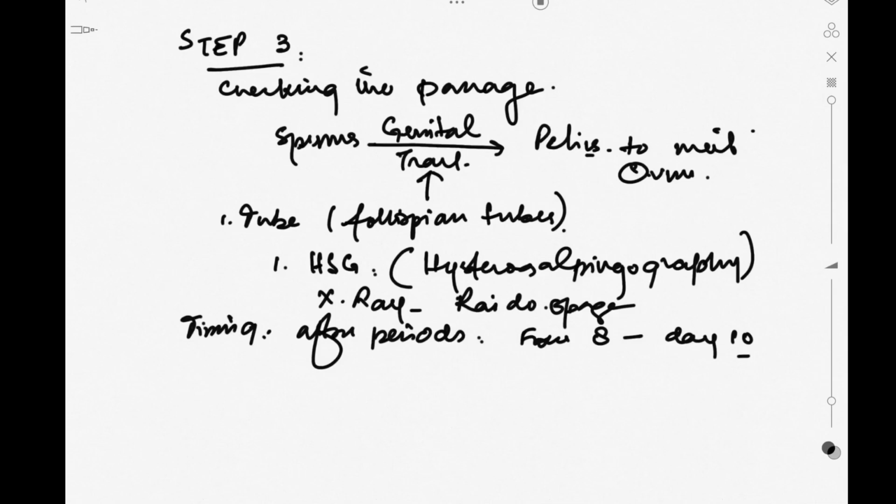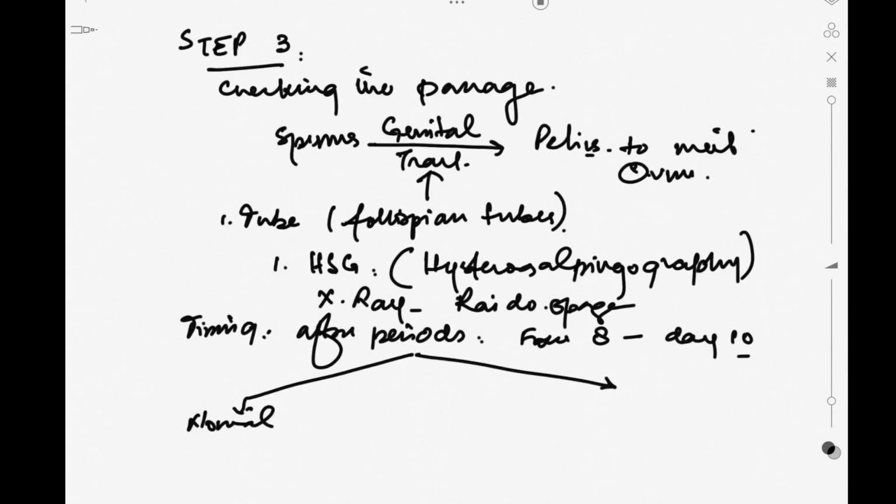We must be sure that the lady is not pregnant. So if we perform it immediately after the periods, it is a confirmation that the lady is not pregnant. And preferably, we must ask the lady to avoid intercourse during that particular month when this HSG is going to be performed.